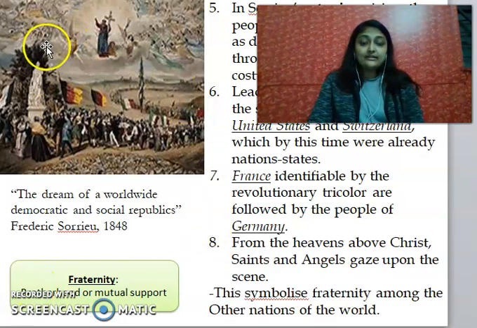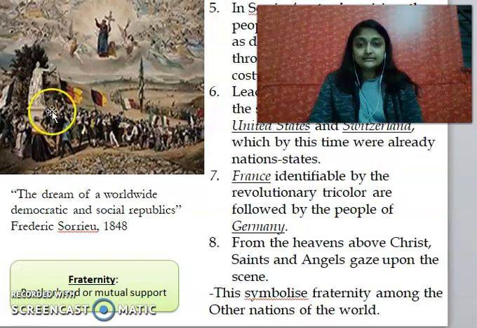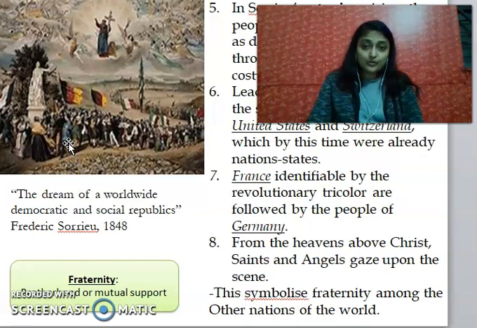Next, you can find that in the heaven, the Christ, the angels and the saints are gazing at the scene of what is happening on earth, that all the nations are supporting towards mankind. How is it working? Not supporting towards the monarchy. They want the end of monarchy and they want the government in their own hands, where they want to form their own rules, their own ethics, wherein all the people should be happy. So for this, there is brotherhood among the nations.